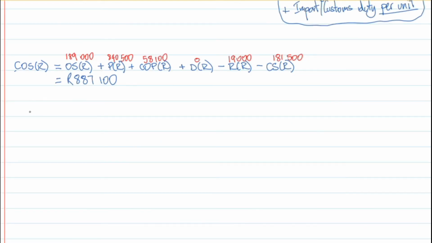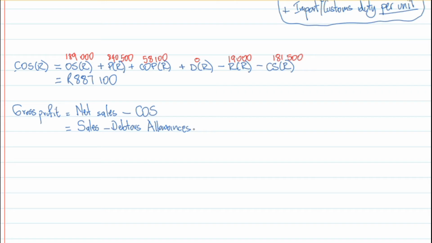Now that we have our cost of sales figure, we can calculate the gross profit. Gross profit is equal to net sales minus cost of sales. In turn, this is equal to sales minus debtors allowances minus cost of sales.